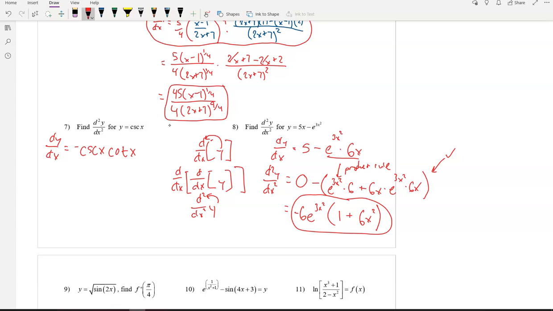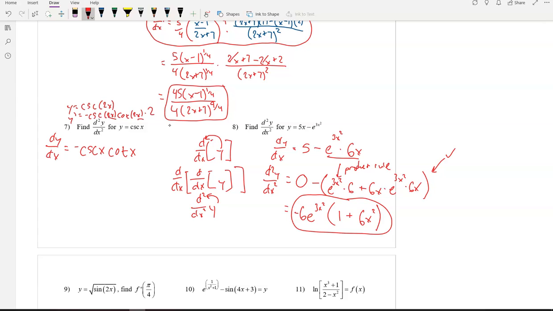If there was something inside here, like if this were cosecant of 2x, for example, now we're using the chain rule. The derivative of the cosecant of 2x, I'll just use y prime here, would be negative cosecant 2x cotangent 2x. So both of those keep just a plain old 2x inside of them. We don't take the derivative yet, but then we multiply by the derivative of that inside function, 2.